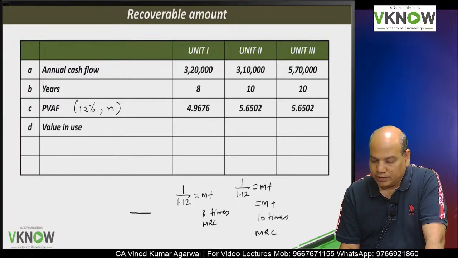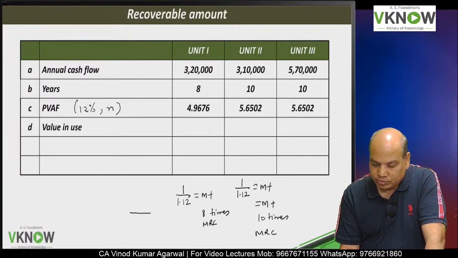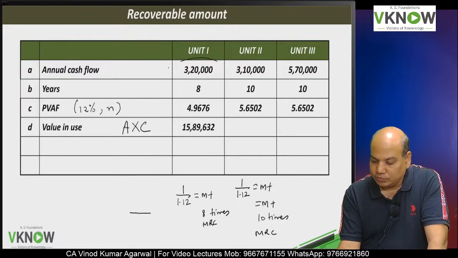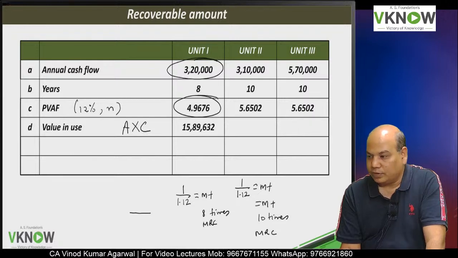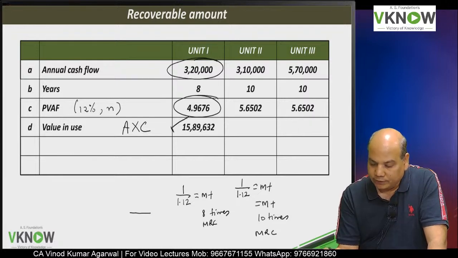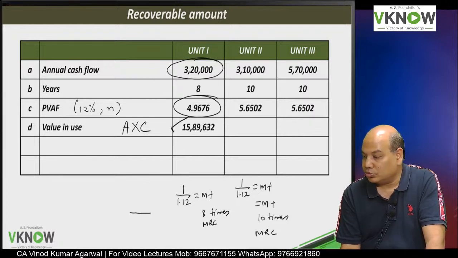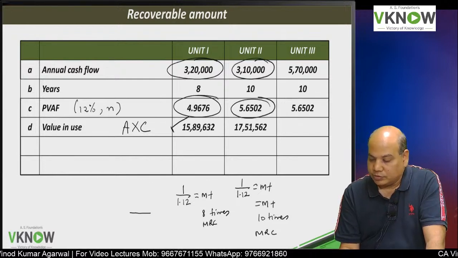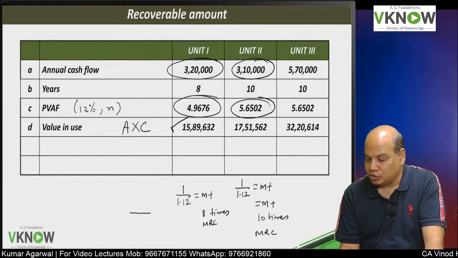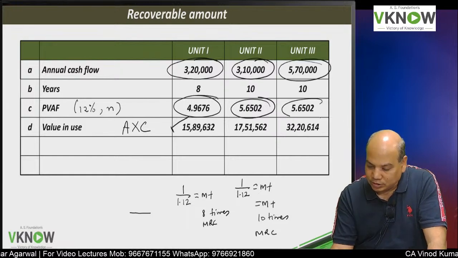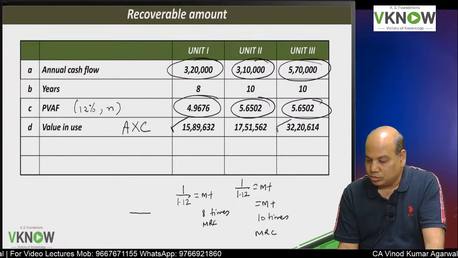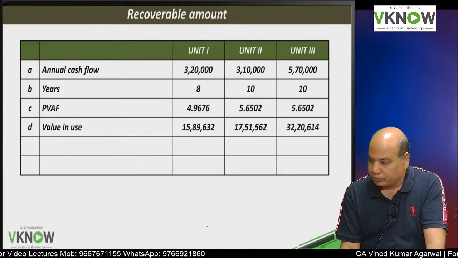Then you write value in use, multiply: 3,20,000 into the factor, you will get 15,89,632. 3,10,000 into this number, 17,51,562. 5,70,000 into this number, 32,20,614.